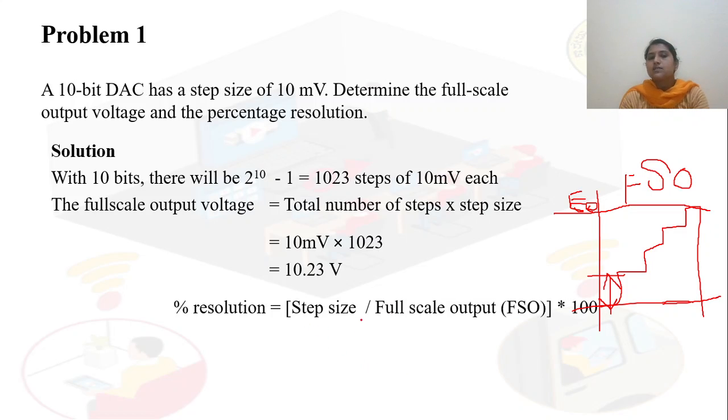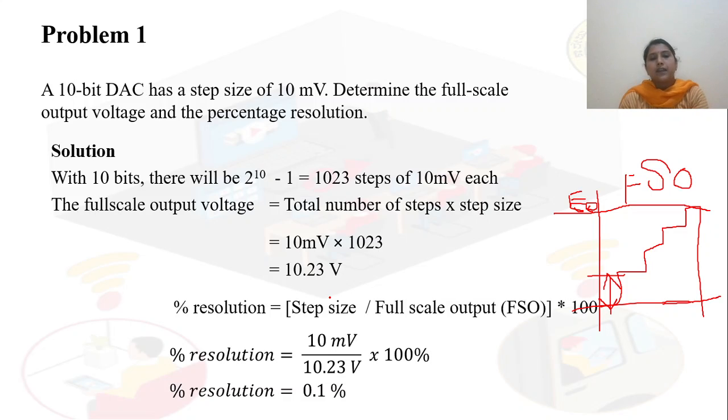Step size is 10 millivolt and full scale output voltage is 10.23 volt. Substituting these values in the formula, we get a percentage resolution of 0.1%. So in this way we can solve the problem.